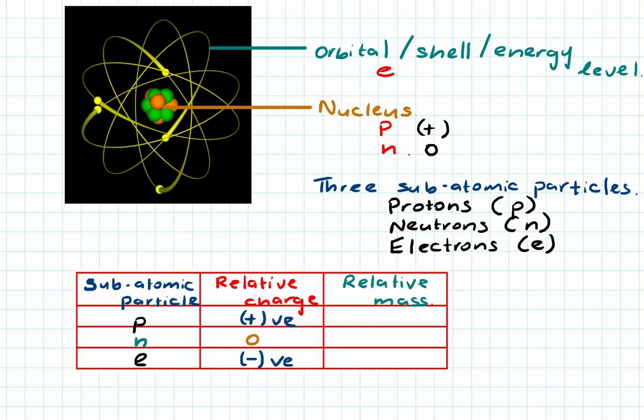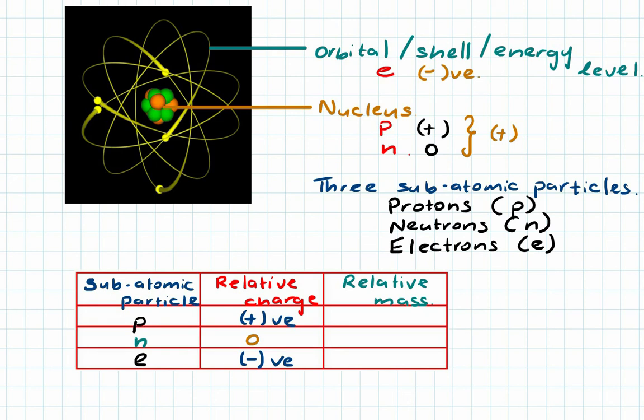They are neutral. So the overall charge of the nucleus becomes positive. This positive charge comes because of the protons that the nucleus contains. Electrons are a group of subatomic particles with a negative charge.